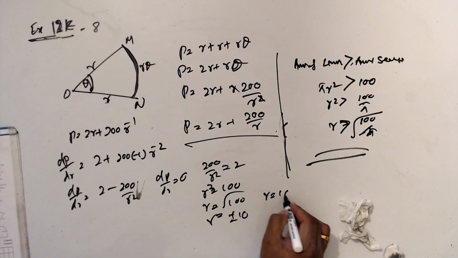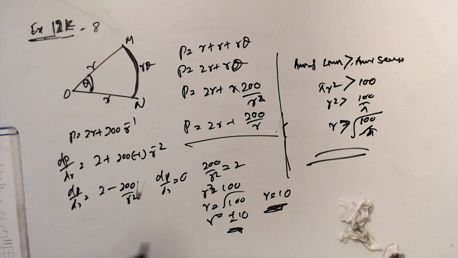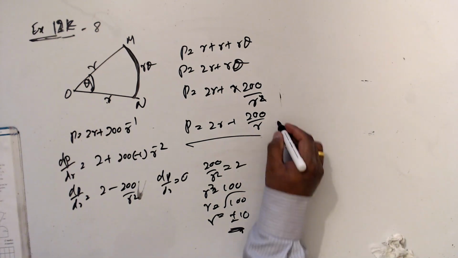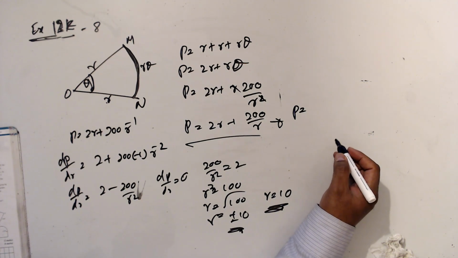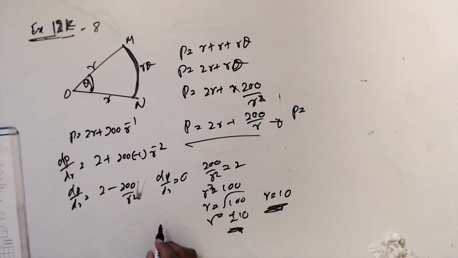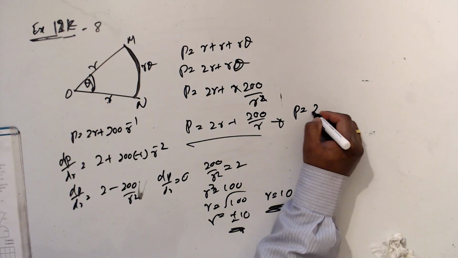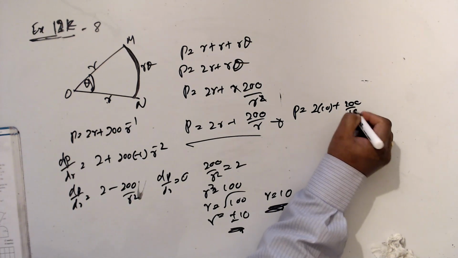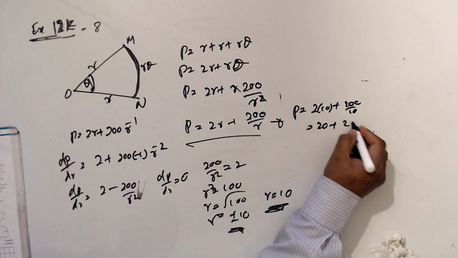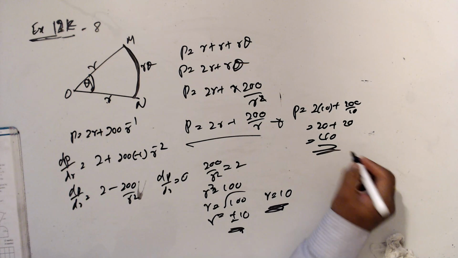So r equals 10, it can't be negative. Now we can find the perimeter. P equals 2 times 10 plus 200 divided by 10, 20 plus 20, which is 40.